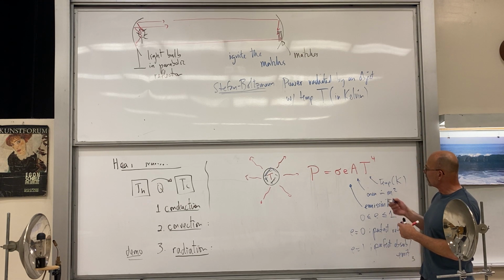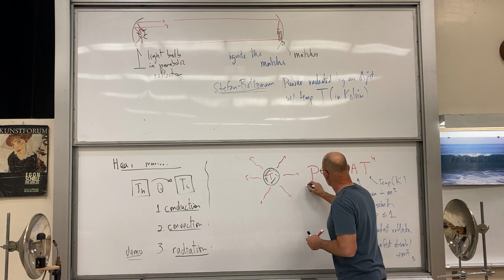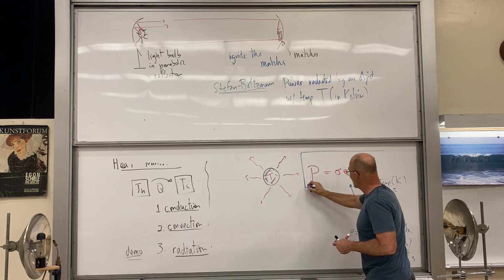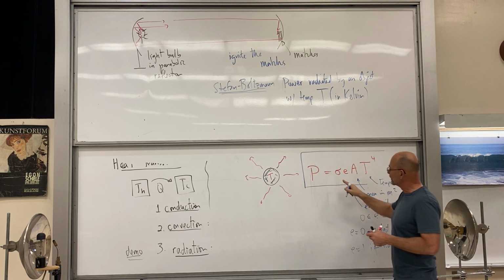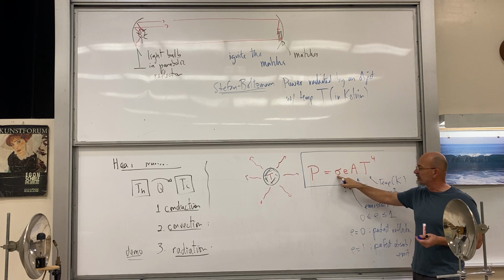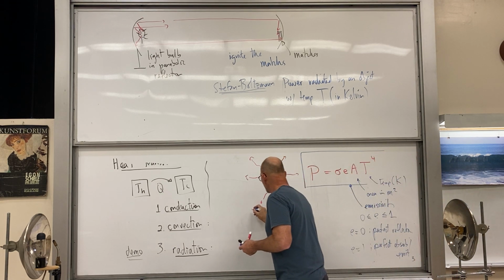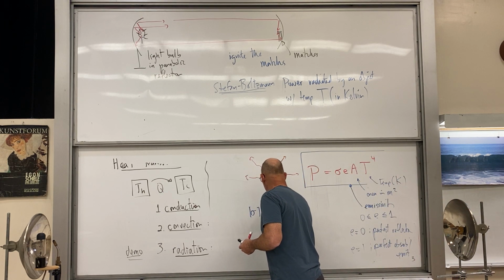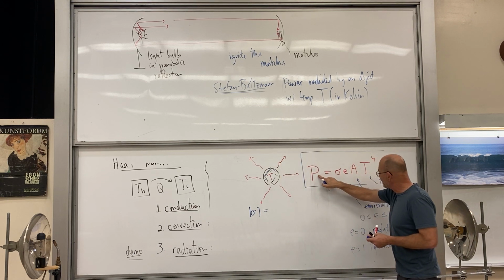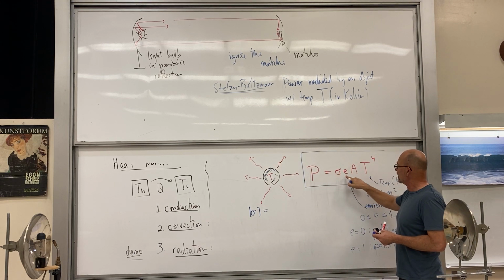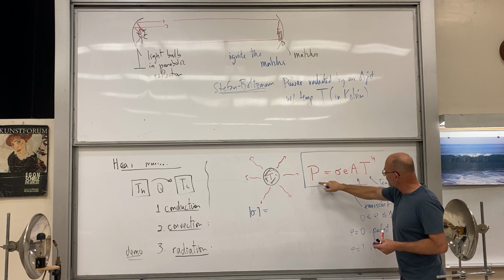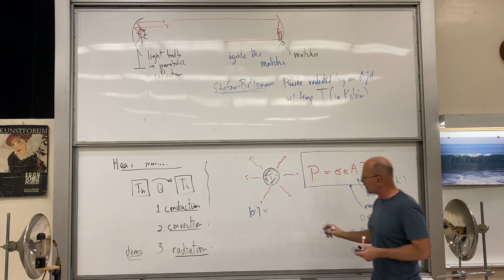So now we have this law here. And the Stefan Boltzmann constant, well, the first thing we have to talk about is what are the units. Okay. So sigma has the units of watts, divided by meters squared, divided by Kelvin to the fourth.